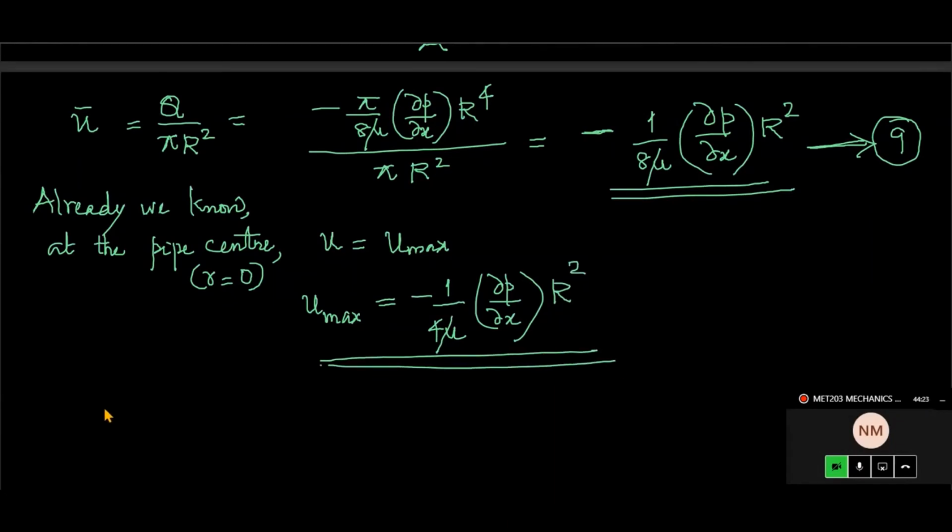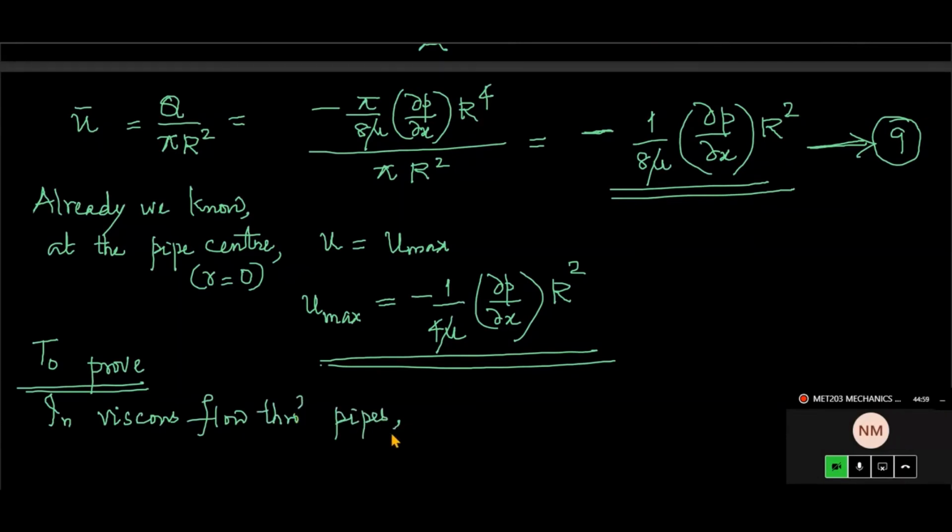And now in certain examinations, we will be asked to prove that for a viscous flow case in circular pipes, this U max by U bar is equal to 2. Or to prove that in viscous flow through circular pipes, the maximum velocity is twice the average velocity.